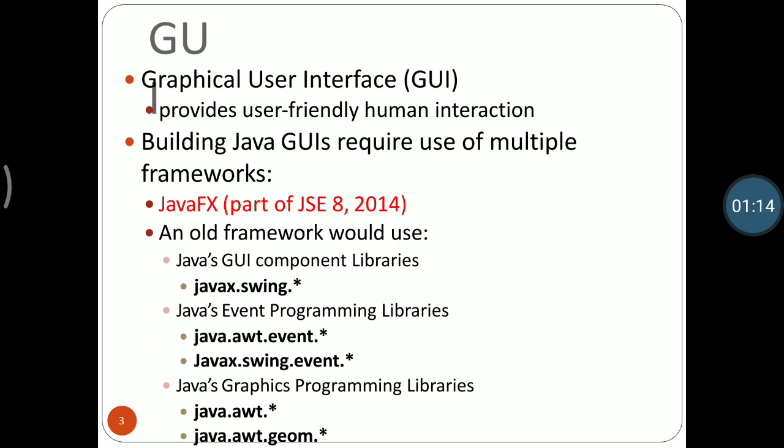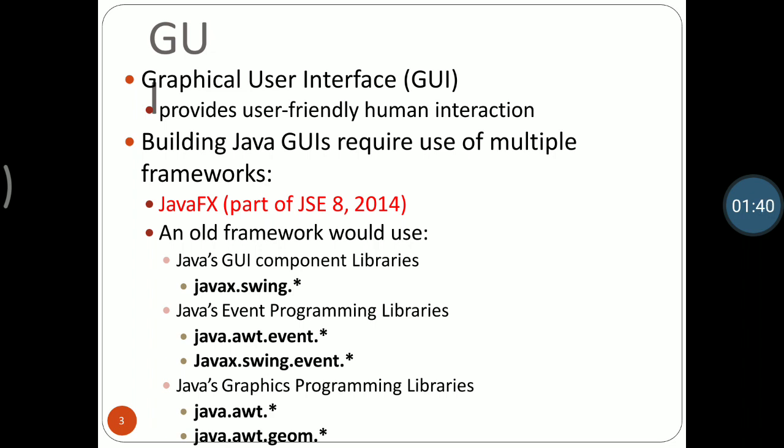Earlier, Java GUIs were developed in AWT. After some years, Swing was developed from the AWT. Here we can use different libraries of AWT and Swing. For Java GUI components, we use the javax.swing libraries.